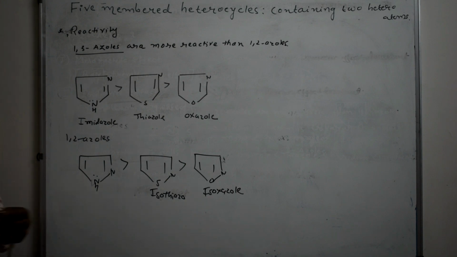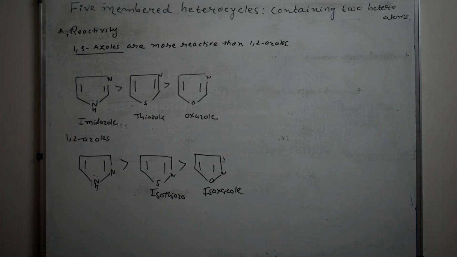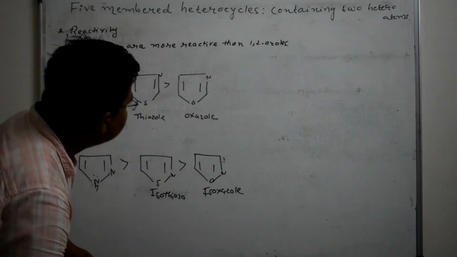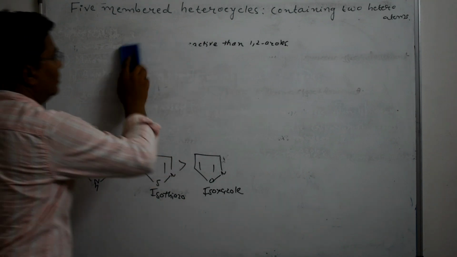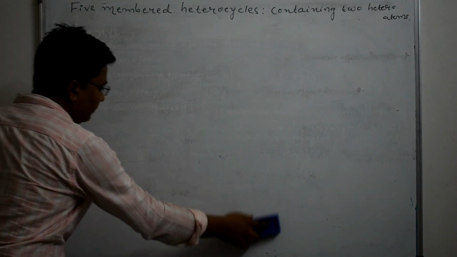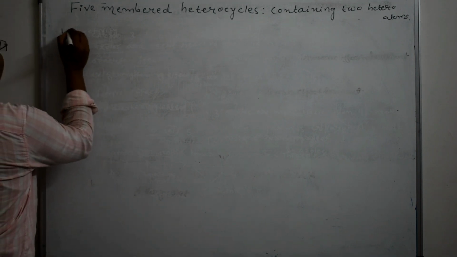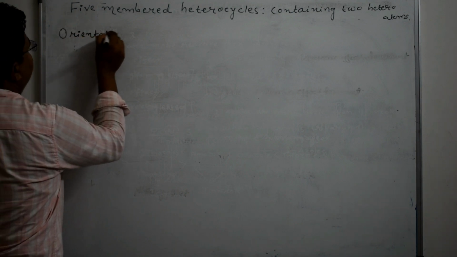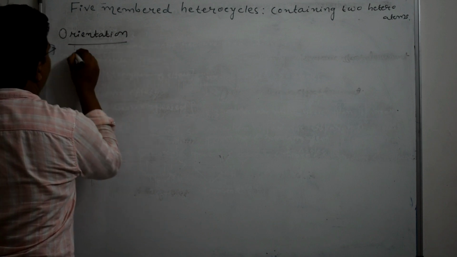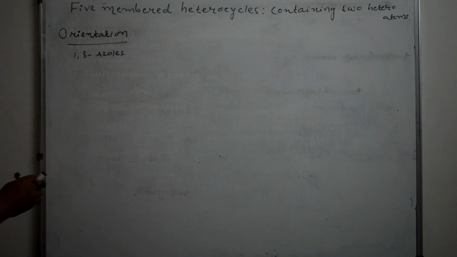Now let us move towards the orientation. If an electrophilic substitution reaction occurs, what are the possible positions which will be occupied by the electrophile? Let us see first for the 1,3 azole. Orientation in 1,3 azoles.